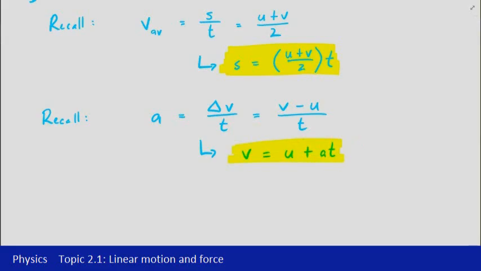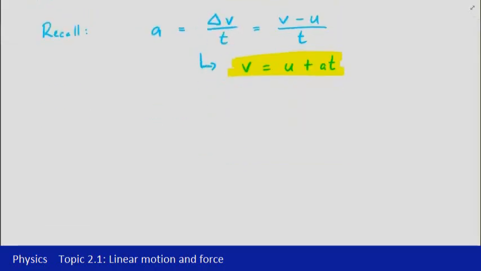The next one is a little bit trickier to get out, and it involves a bit of substituting. By substituting, what I mean is that we're going to start off with s equals u plus v on 2, so going back to our first equation, and we're now going to substitute in this expression that we've just figured out for velocity.